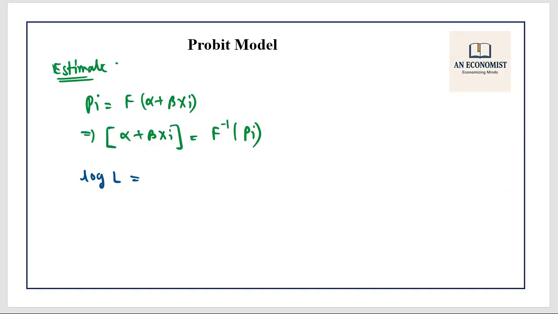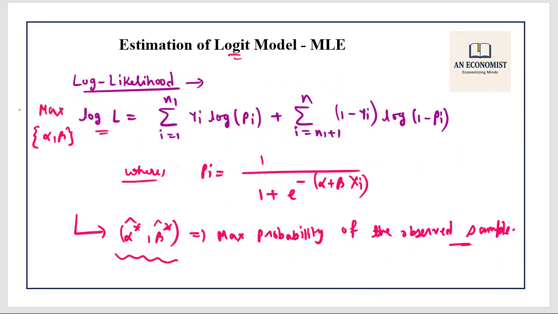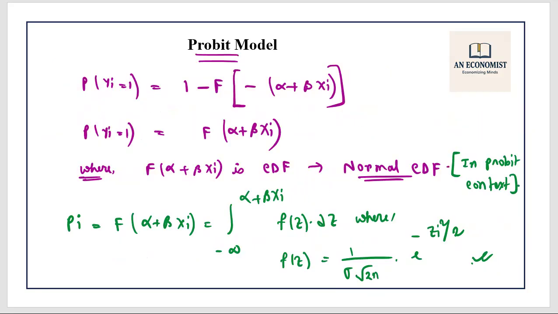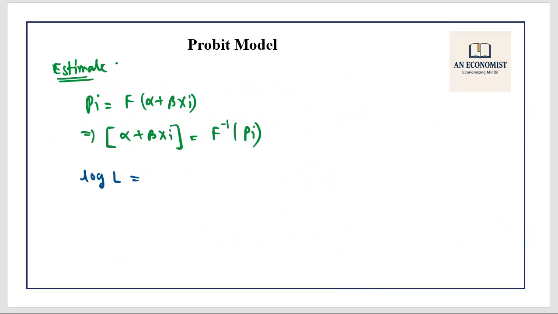The first expression will be the same as what we have derived here. Only this pi will be different now. Instead of pi and 1 minus pi, you will put what we have here, right? So only that much will be different.